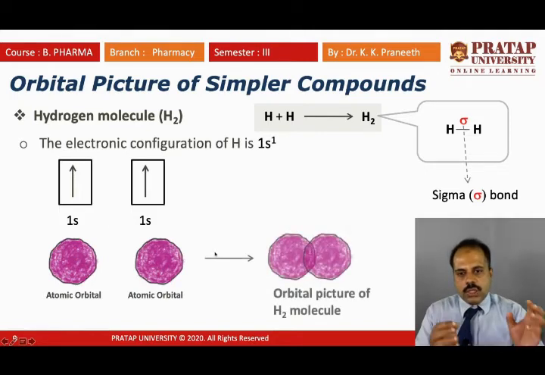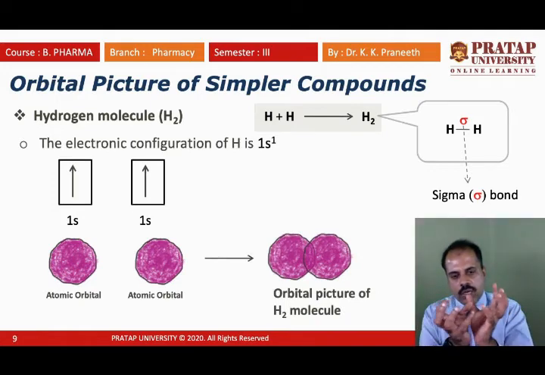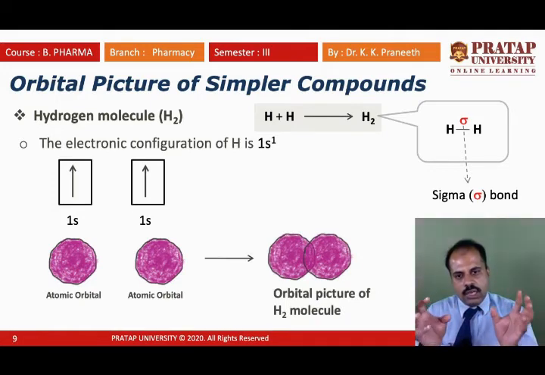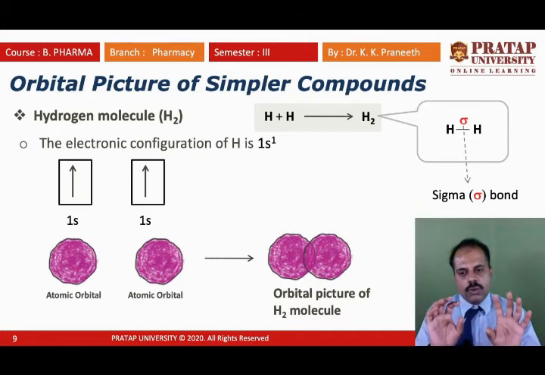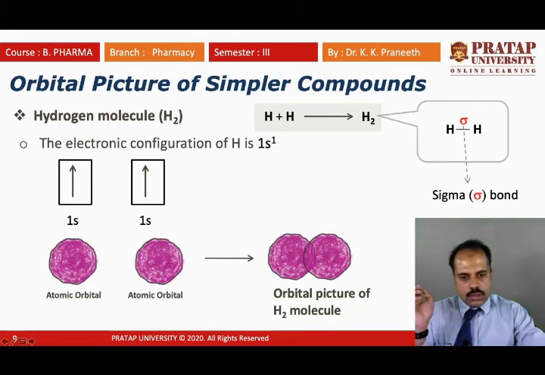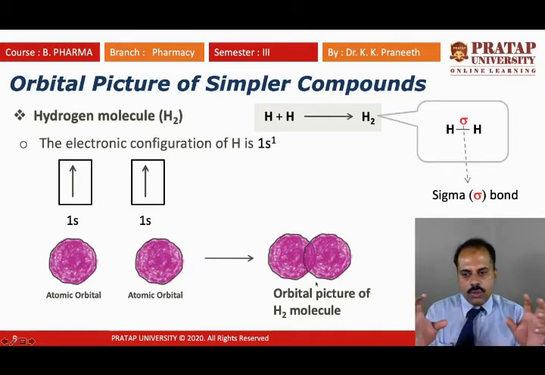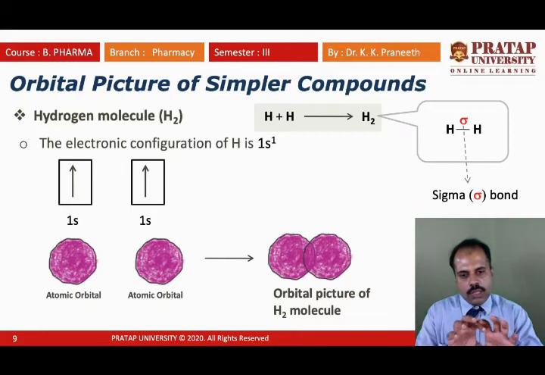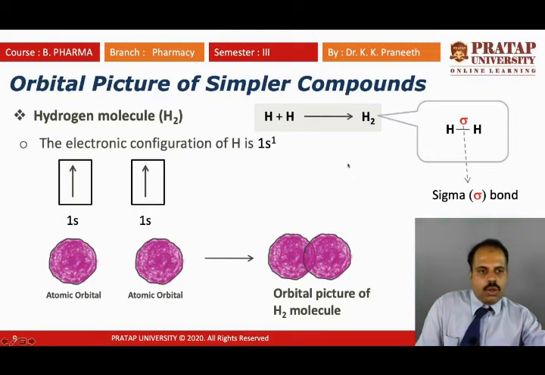What happens is these two orbitals come closer and closer in such a way that they form a hydrogen molecule. The two orbitals come very close and form a bond, the sigma bond, and this is the orbital picture of the hydrogen molecule, where the two atomic orbitals come closer and form the hydrogen molecule, as shown here.